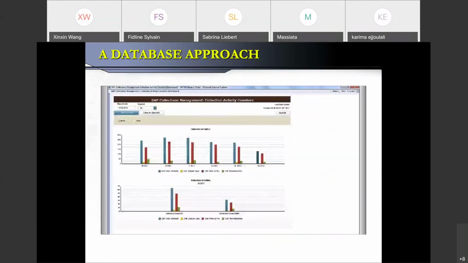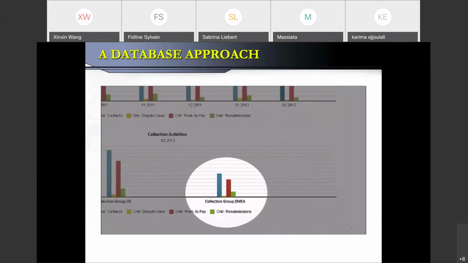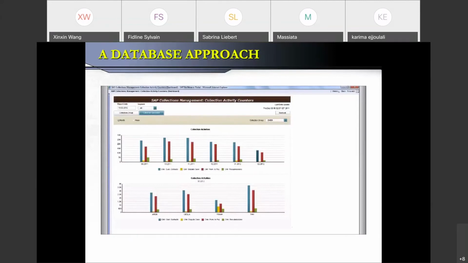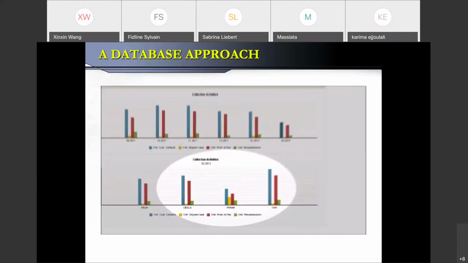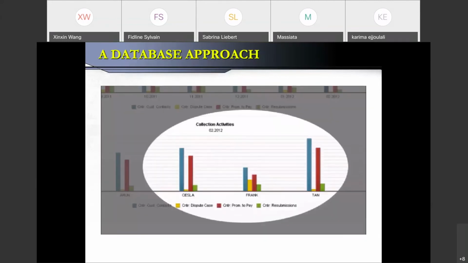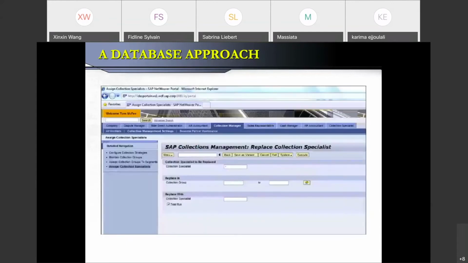Dynamically interacting with the data, the manager can easily find the root cause for this trend. It's clear one collections team is much slower than others. And within the EMEA group, Frank isn't getting through his work list as fast as the others. His rate of documenting disputes is very high. The collection manager can reallocate the workload to accommodate the more challenging customers on Frank's list and keep collections running smoothly.